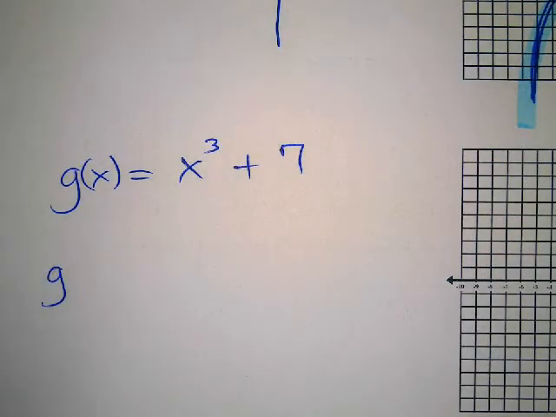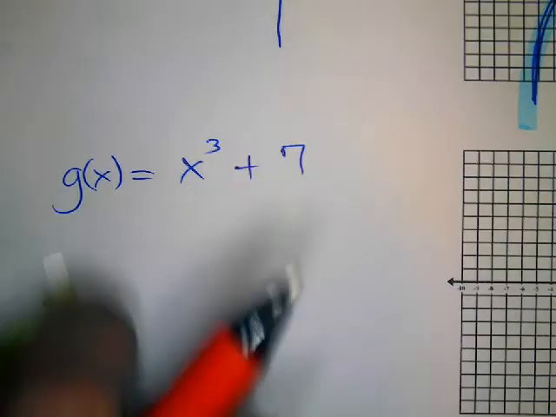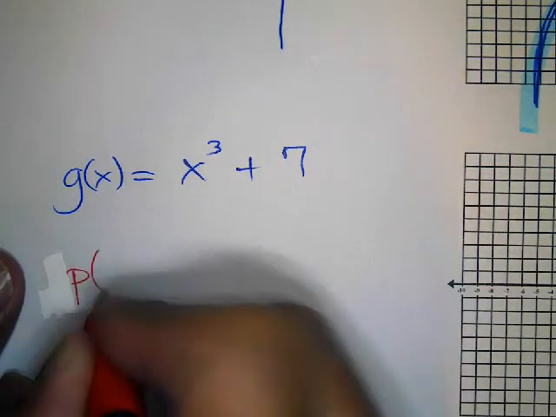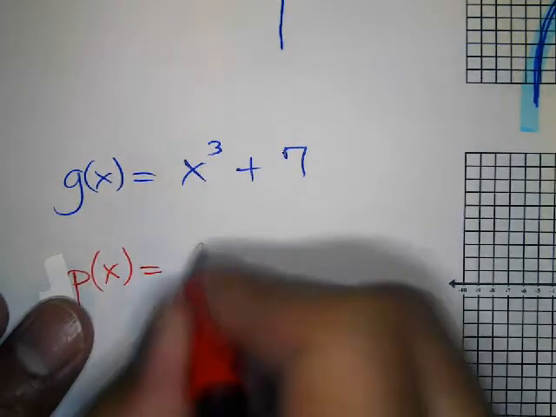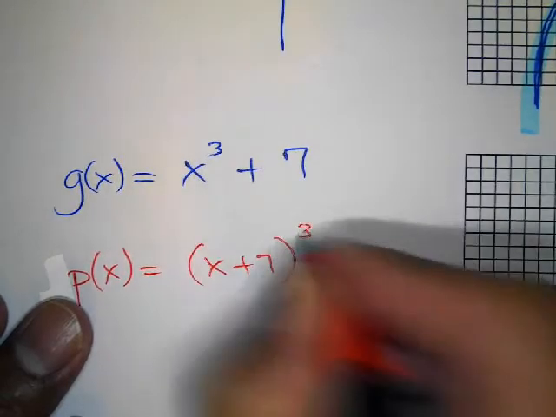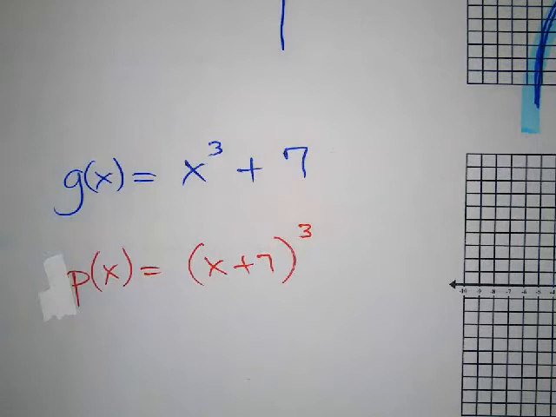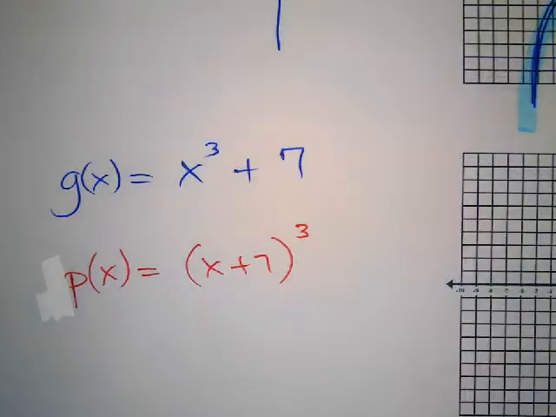I gotta give it another letter. Let me scratch that. That would not be, and I'll graph both of these here. That would not be the same as, let's go with p. P of x is equal to x plus 7 cubed. Remember when we did quadratics? Very, very similar if it was quadratic.